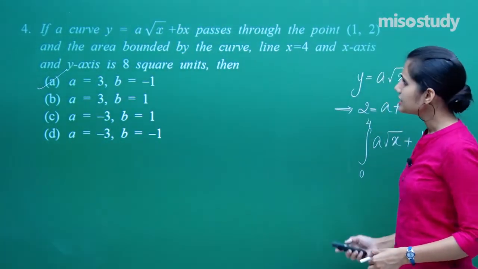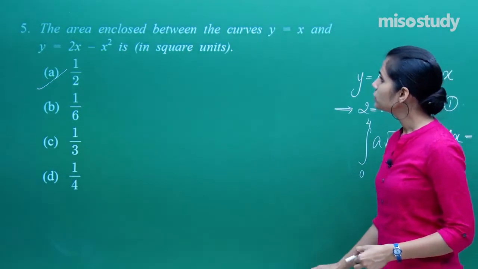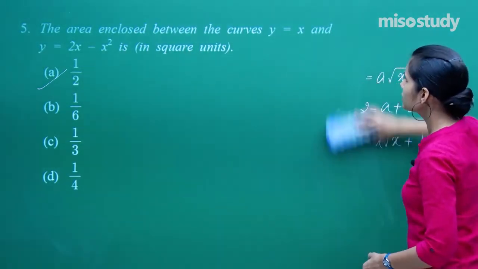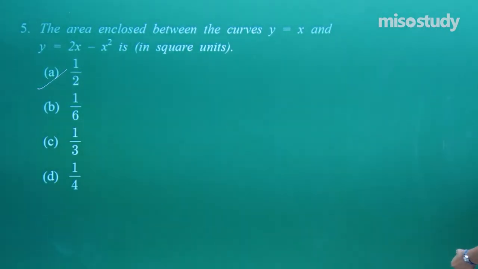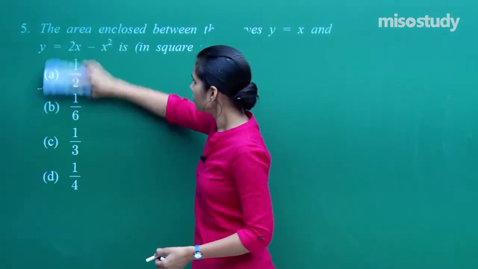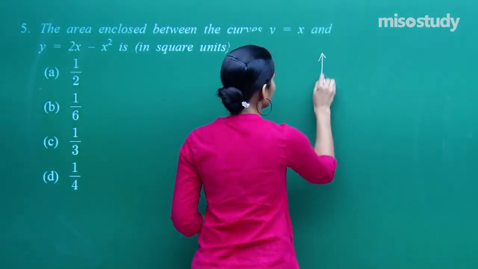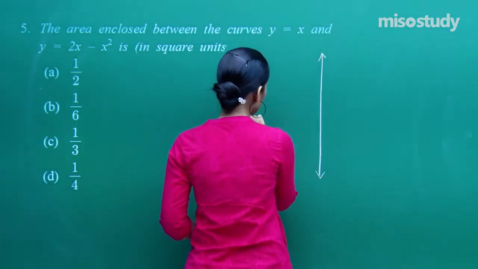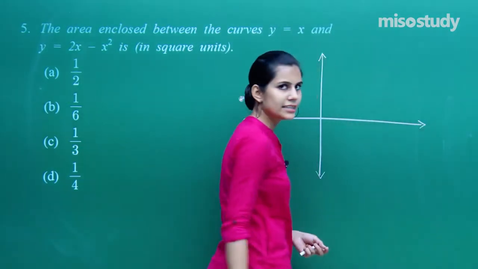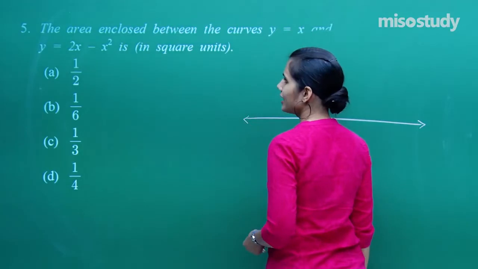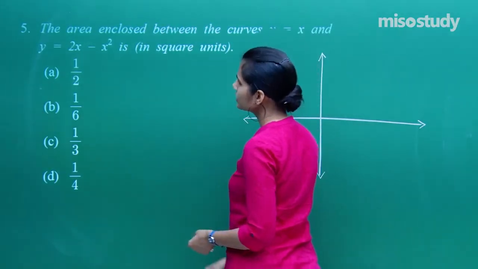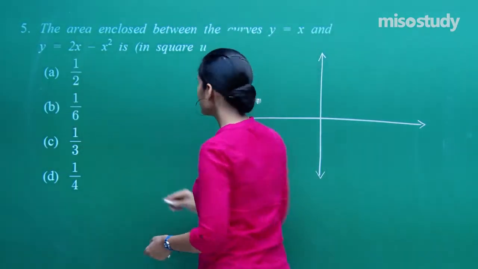Next question says, the area enclosed between this curve and this curve in square units is what? So pretty simple, two curves are being given over here. We know how to plot them, right? Let's begin. We have learnt in quadratic equations how to get this parabola, which is y equals 2x minus x squared. You can see when you put x equals 0, you get y equals 0.